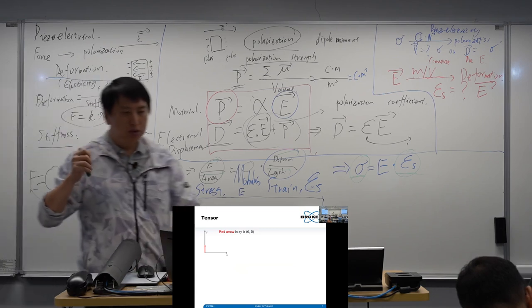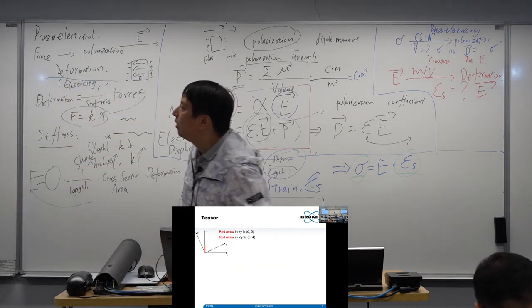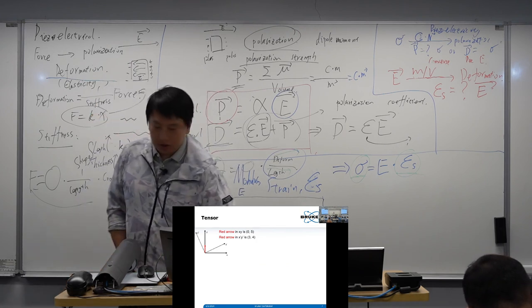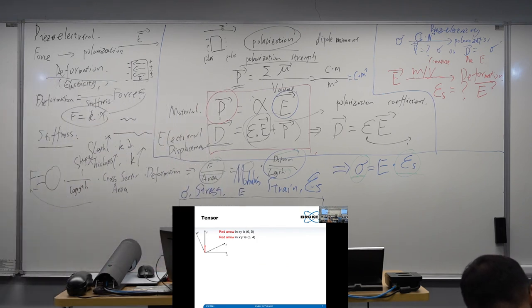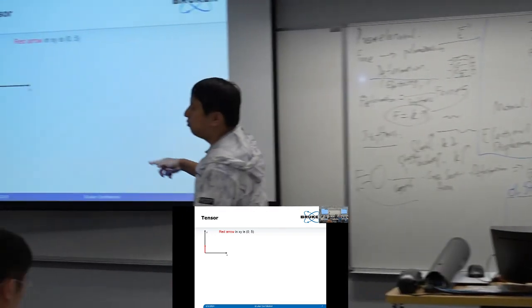So we use the vector as a beginning. This red arrow is absolutely a vector. To describe this vector, I have a certain way. I can put this vector inside a coordinate system I defined. And inside this coordinate system, I can use two numbers to describe this vector.